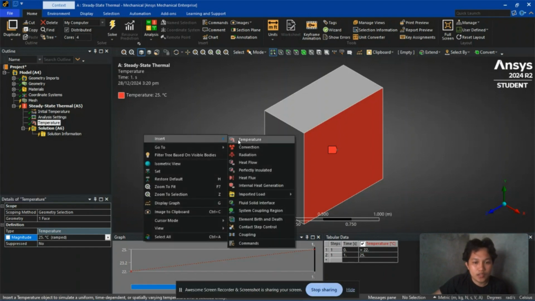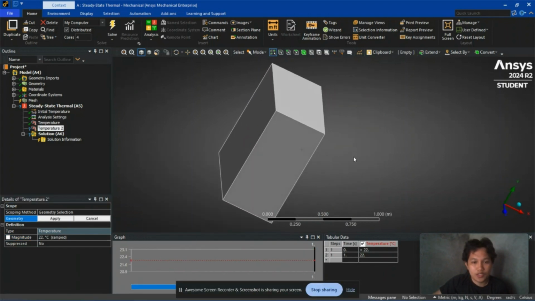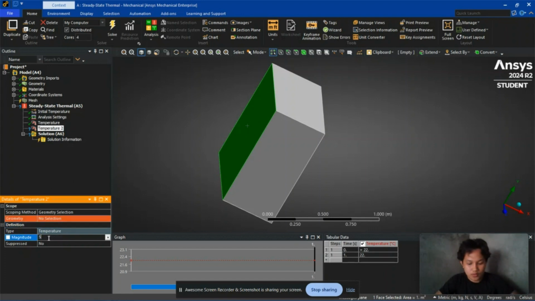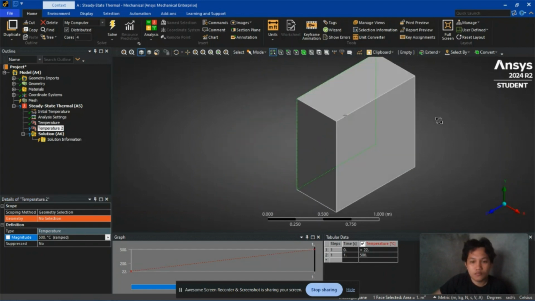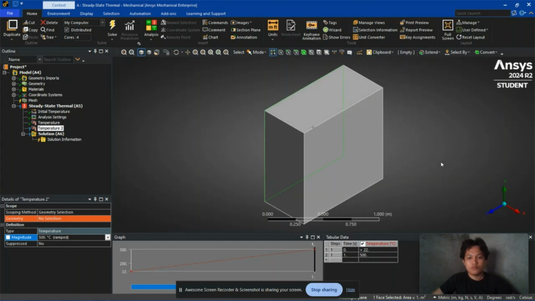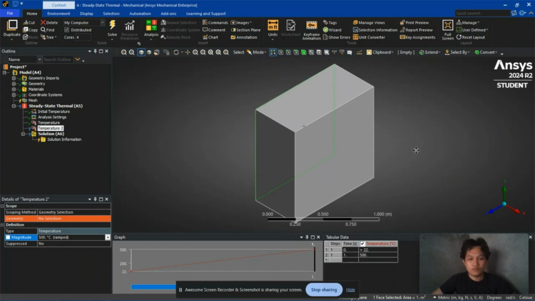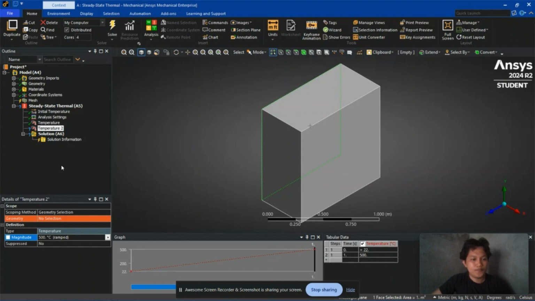And we're going to insert another temperature at the other side with 500 degrees Celsius. Going to center it a bit.